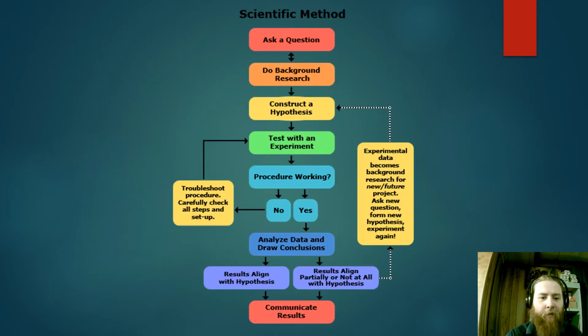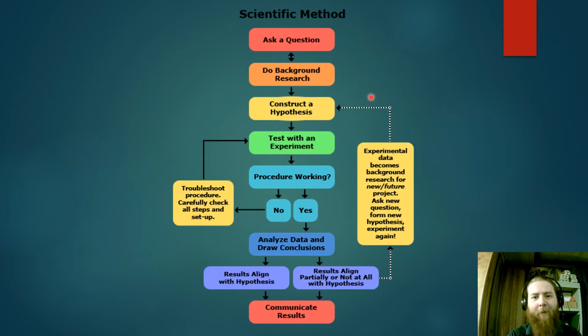And one of the things about the scientific method is it's not linear. If everything goes according to plan the first time, you go straight down and you get to communicate your results. Now, that usually doesn't happen. Usually something will not work with your procedure. You'll need to troubleshoot and go back up and run your experiment again. Or you'll get data that doesn't quite say what you wanted to say.